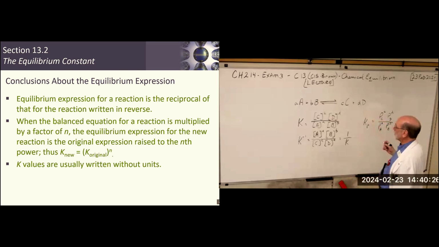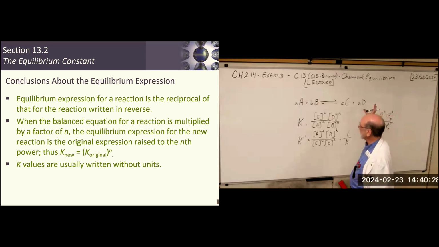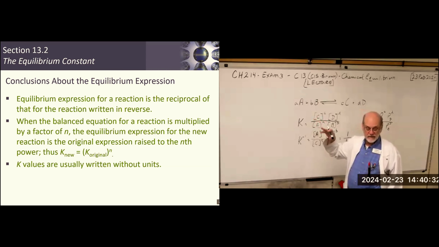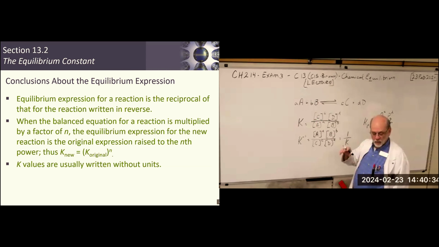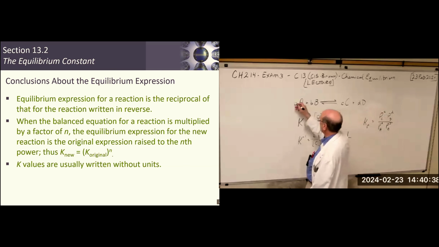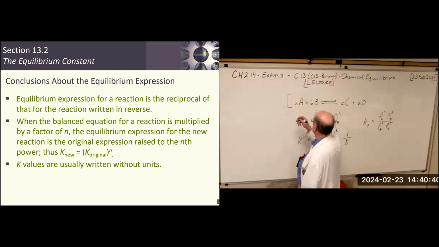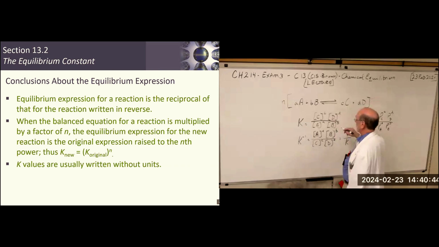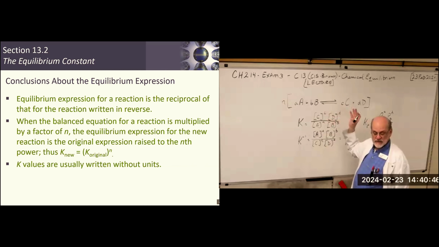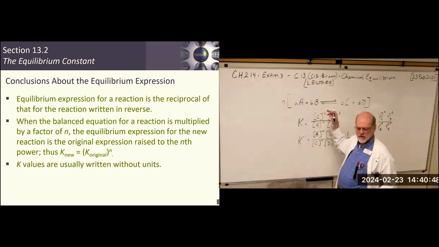If we have to multiply the equation by a constant factor, then what does that do to the K value? If we multiply this one times, let's say, N, I suppose we were going to add equations together. Remember Hess's law.